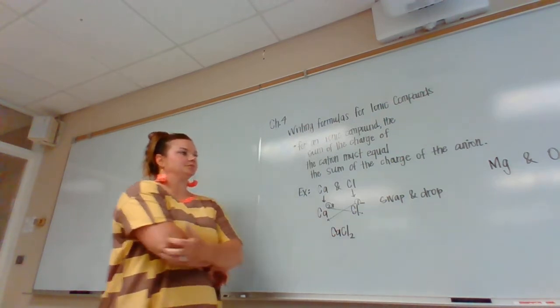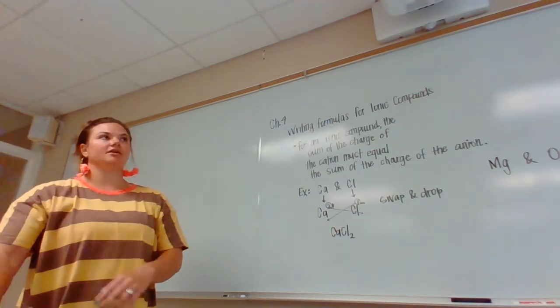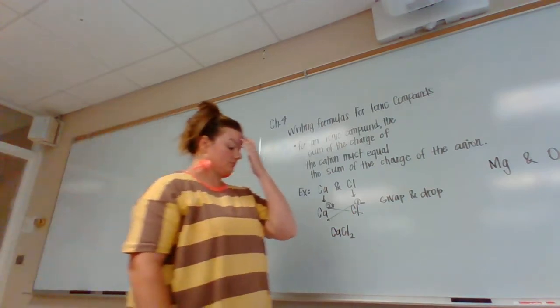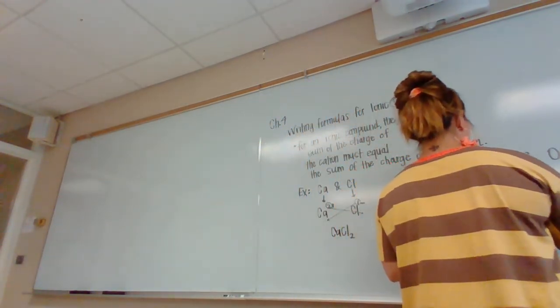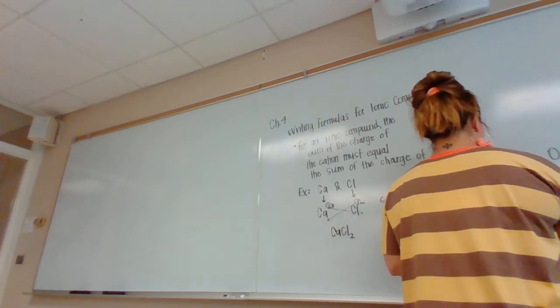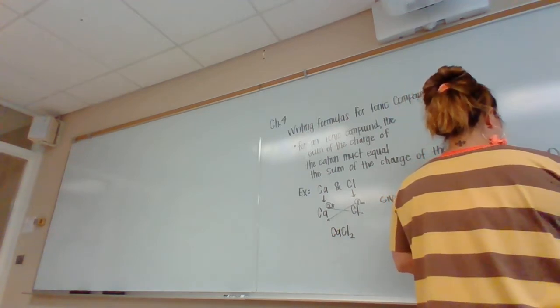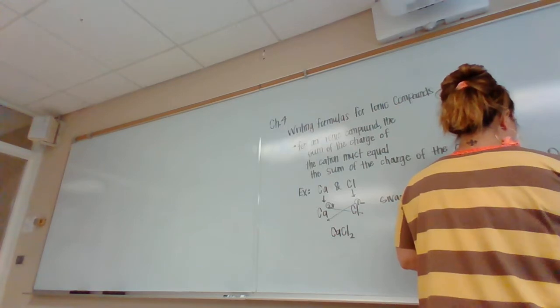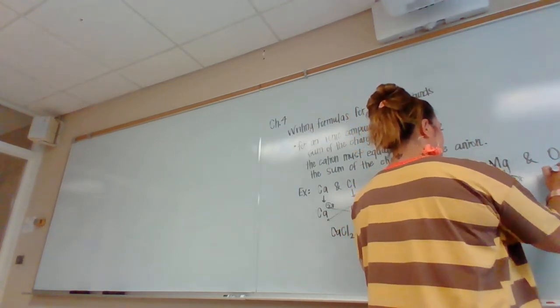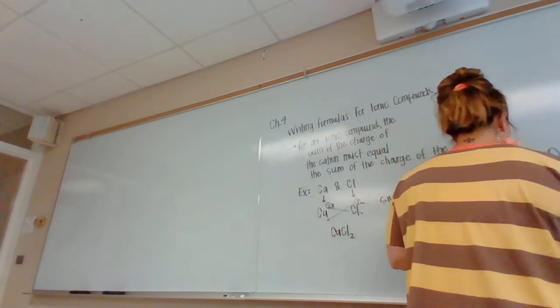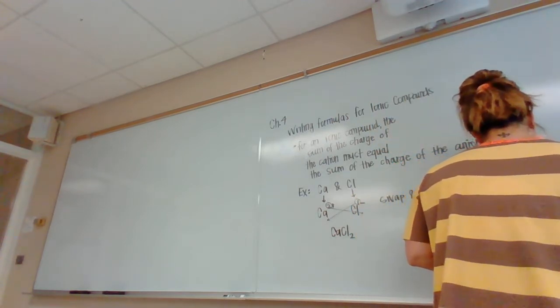Let's do another one. Let's do magnesium and oxygen. What ion does magnesium form? +2. And oxygen? -2. So if I took my 2 numbers, swapped and dropped, I would get Mg2O2.